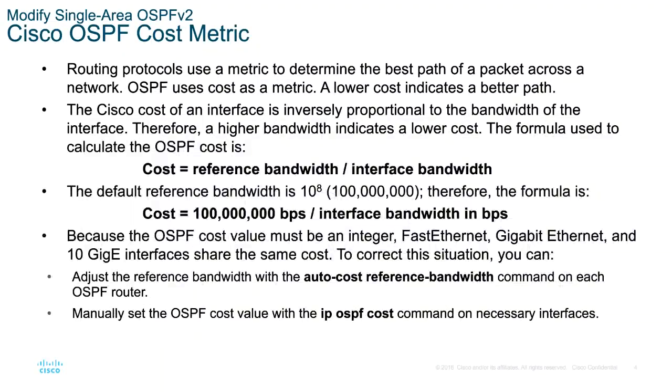If we're going to use the auto-cost command, it's best practice to change that value on all active devices within our area. That way the cost calculations will be the same across all devices, giving you a better view of the entire topology and more accurate cost calculations as you go through.